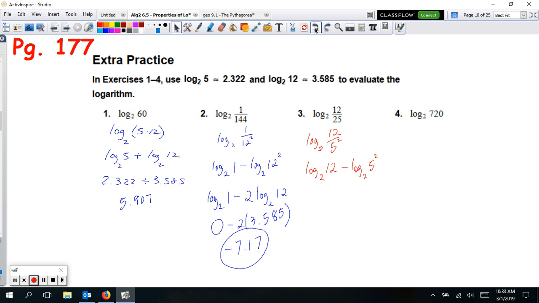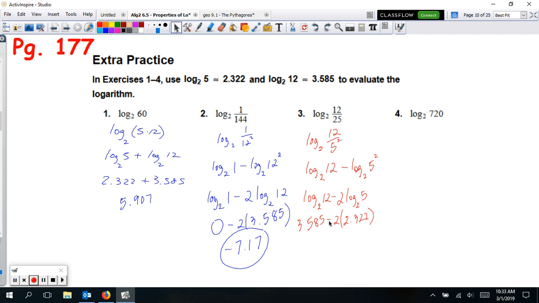That's the 5 squared. And now we're going to do the same thing here as we did over here when we saw 12 squared. The 2 is going to go in front of our log. And so our first part will stay the same, log base 2 of 12 minus, and now it's going to say 2 times the log base 2 of 5. So now we know these decimals again from up here. So we're going to just plug in our decimals. The first one is 3.585, minus 2 times 2.322.